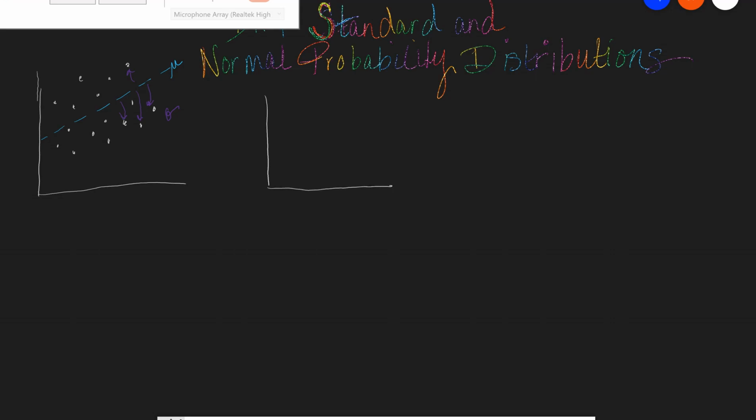Call it our population. And the population mean for these points is probably right in here.